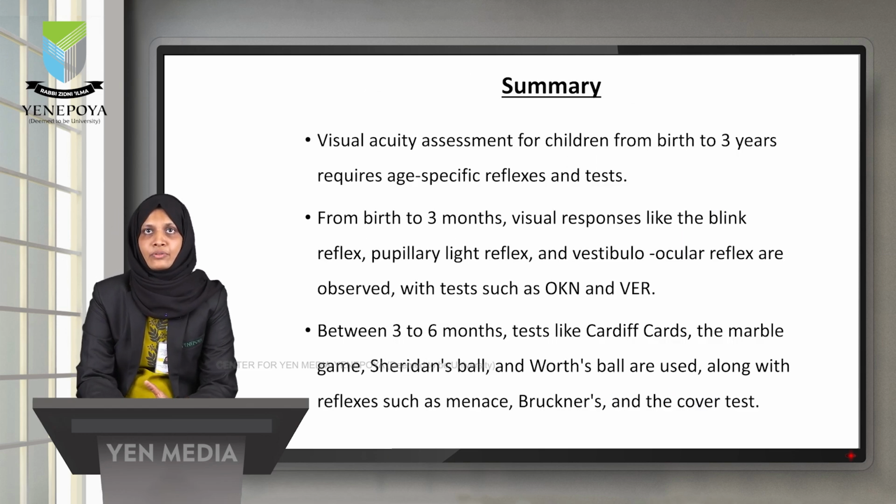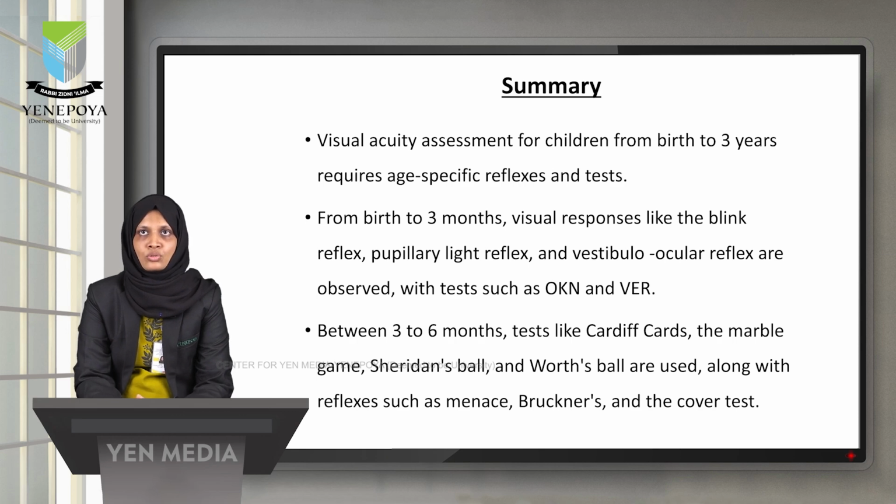Visual acuity assessment for children from birth to 3 years requires age-specific reflexes and tests. From birth to 3 months, visual responses like the blink reflex, pupillary light reflex, and vestibulo-ocular reflex are observed, with tests such as optokinetic nystagmus and visual evoked response.